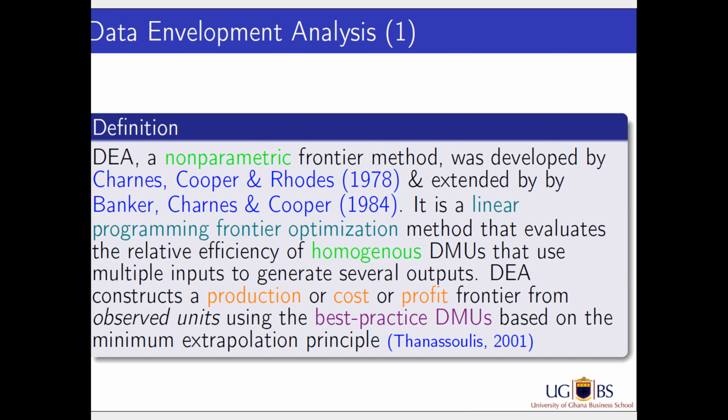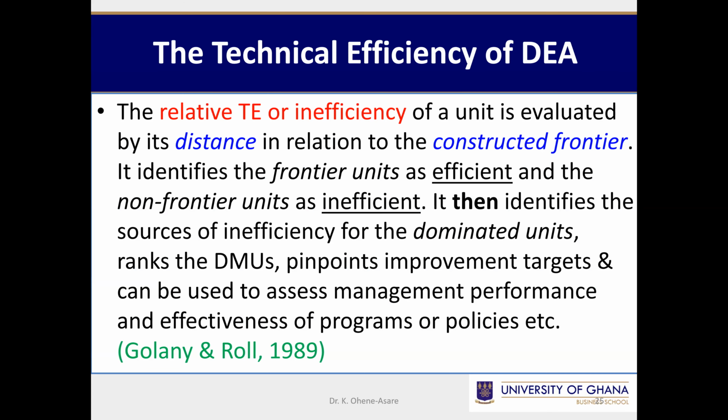And that principle is simply the convexity assumption and then the free disposability assumption. These two, minimum two. It will use those two assumptions, and it will now determine the score of the firms, both those that will become efficient and those that will become inefficient. How does it detect the efficiency? Follow me here. So when you are going to explain DEA in most of your work, these are some of the things you'll be saying using the references here and the recent references you know.